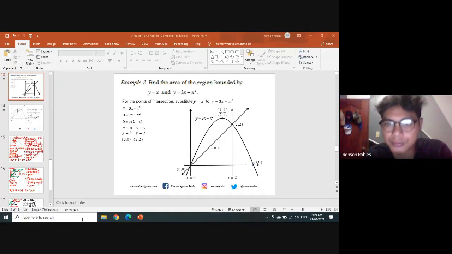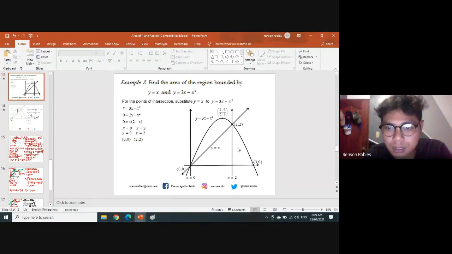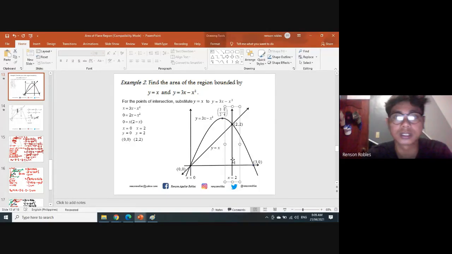I'll make use of the axis of revolution. I'll choose the x-axis. X-axis first.